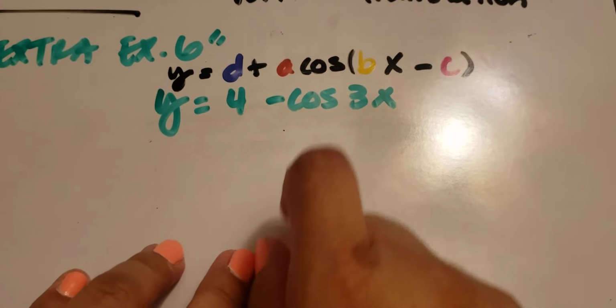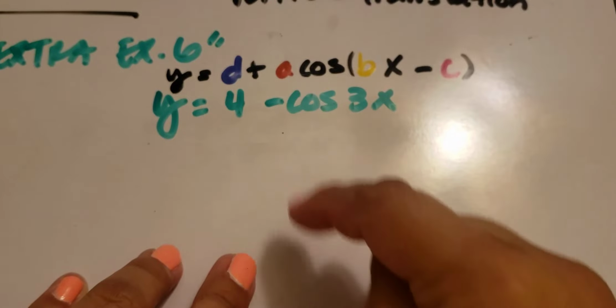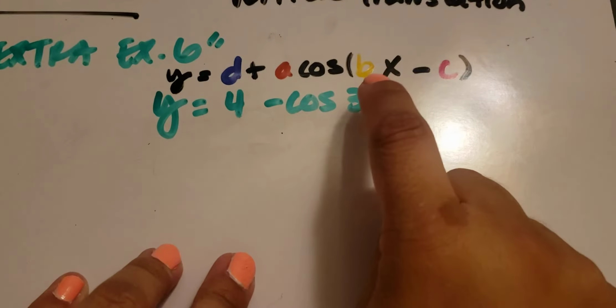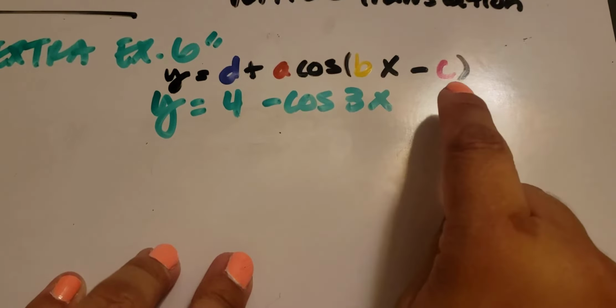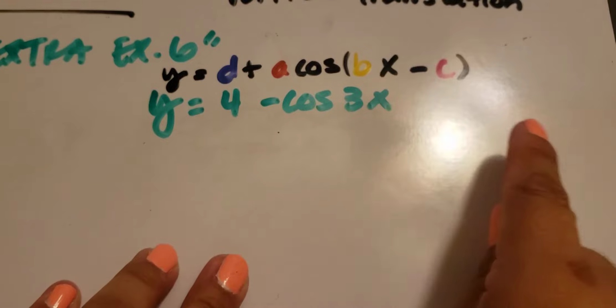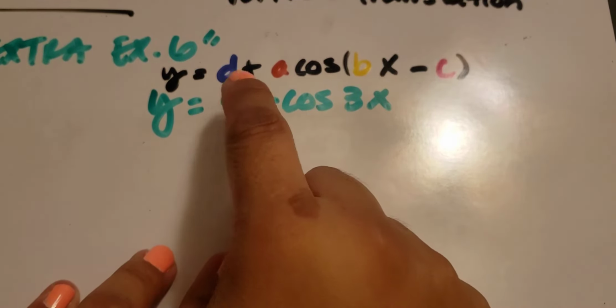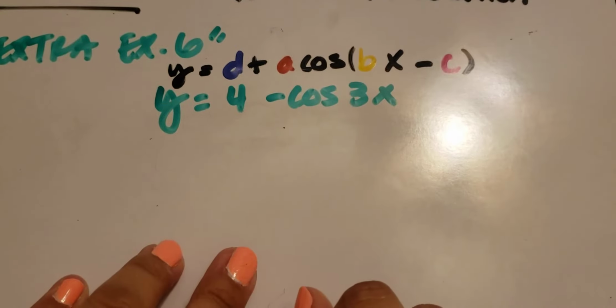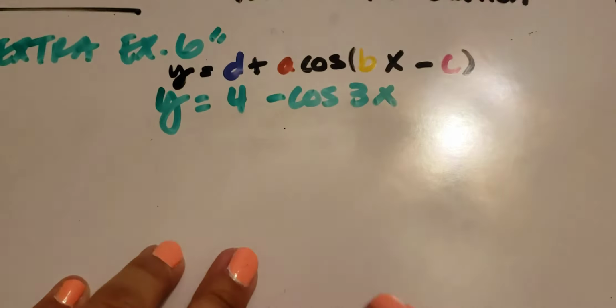Remember, A represents your amplitude, basically your range, how far you go up and down. B helps you come up with the period. C tells you how it shifts horizontally to the left or to the right. And today, D is going to help you with vertical translation, basically how far it gets shifted up and down.